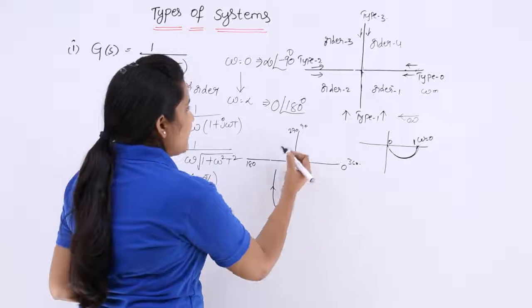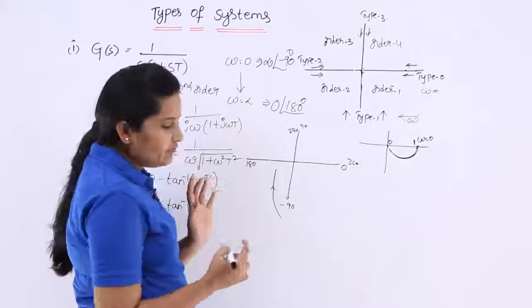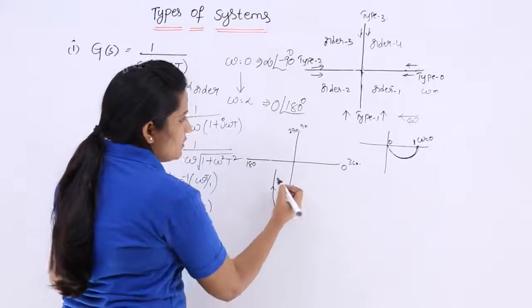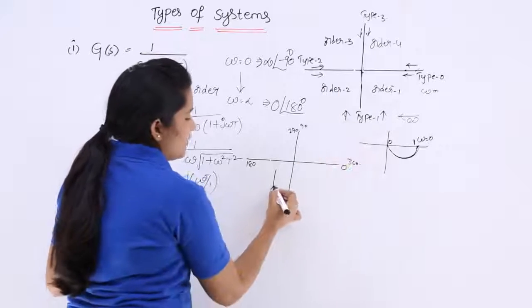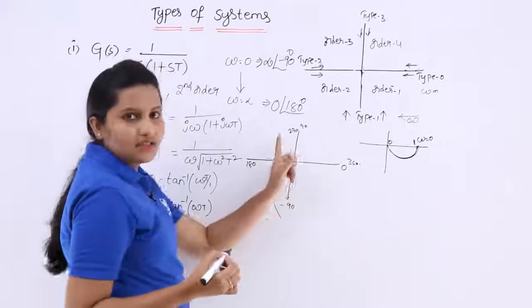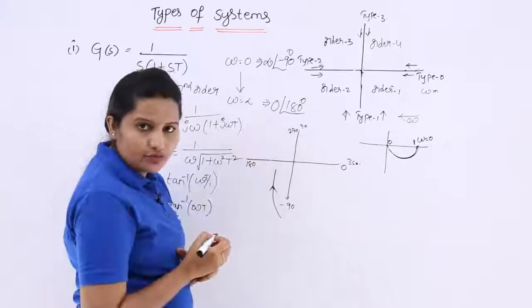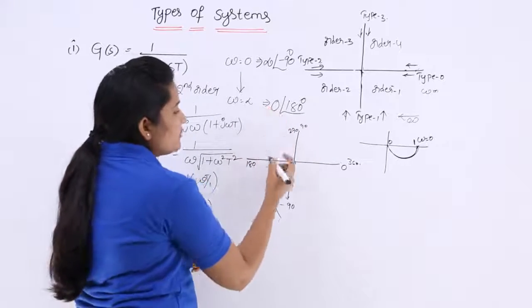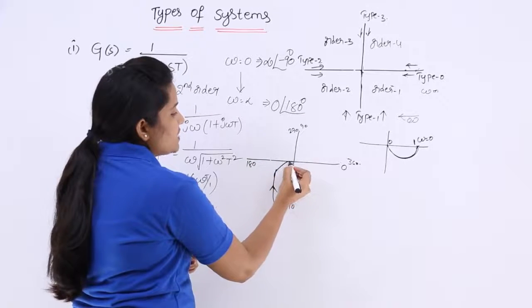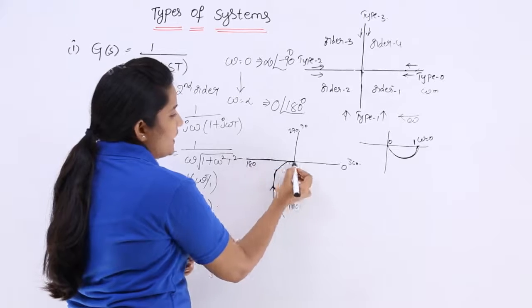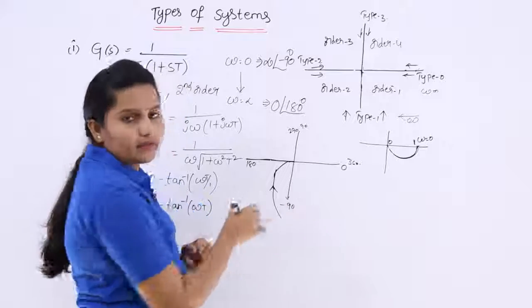Now coming to the ending. Ending means at omega equal to infinity, omega will increase in this direction for type 1. By increasing omega to infinity, the magnitude will become 0 at the 180 degrees line, and it will become infinity at the minus 90 degrees line.